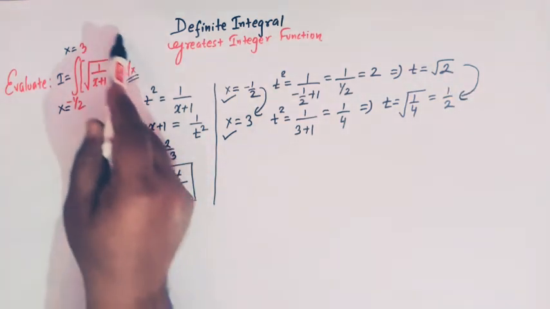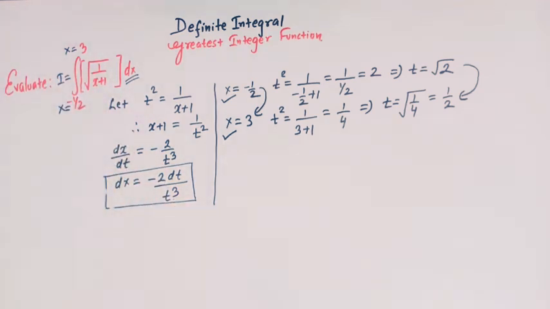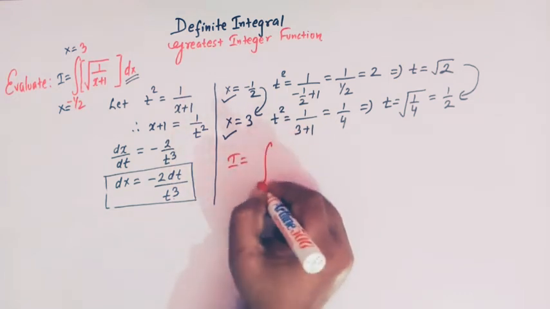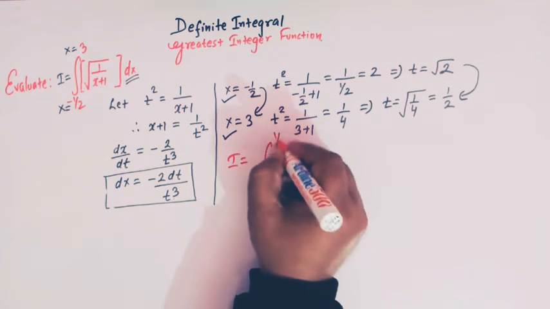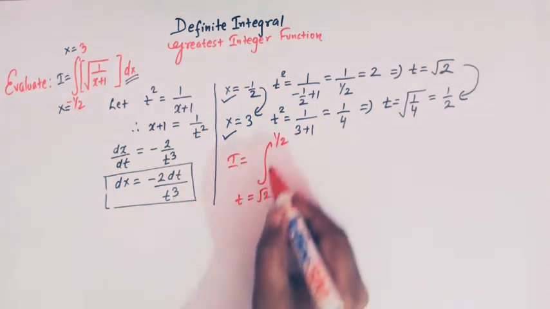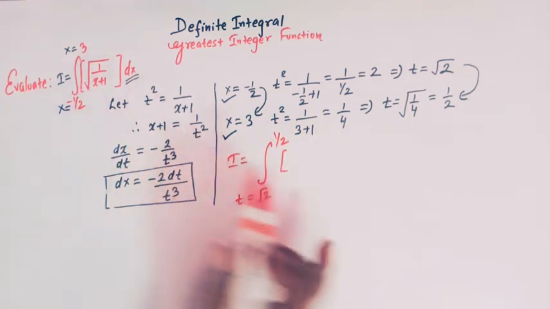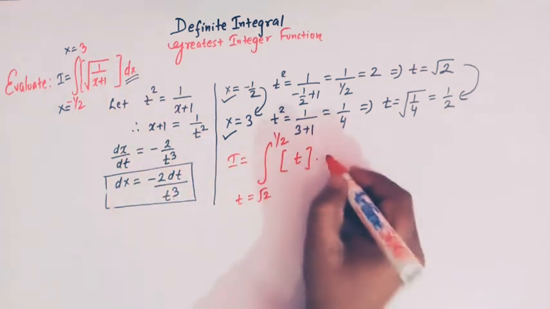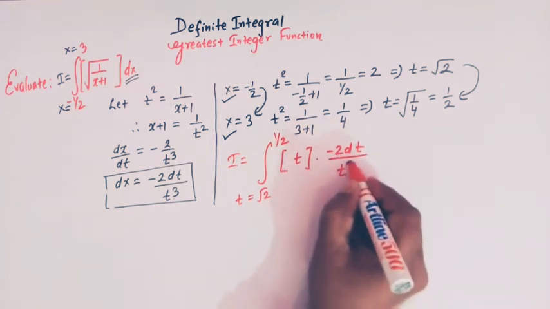Now we can rewrite our integral I. Here t varies from root 2 to half, and we have greatest integer t, and for dx we can write minus 2 dt over t cube.